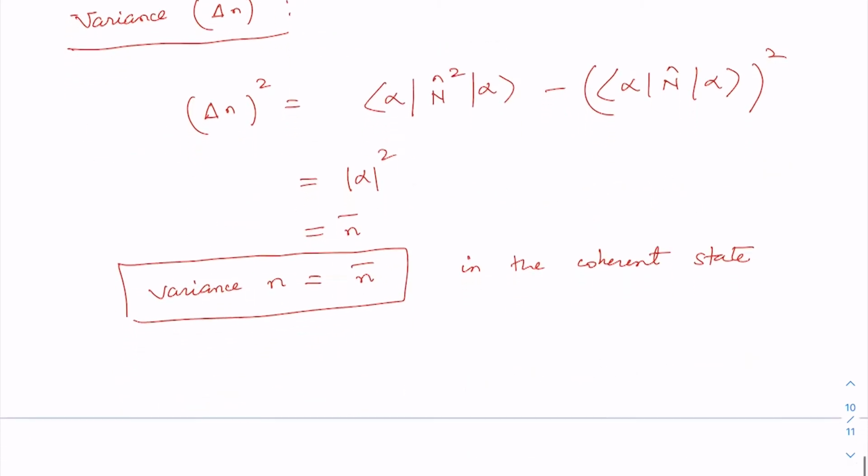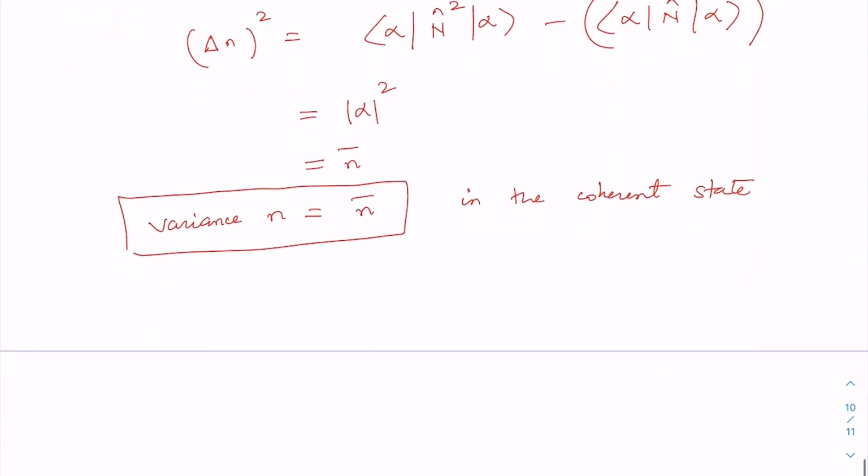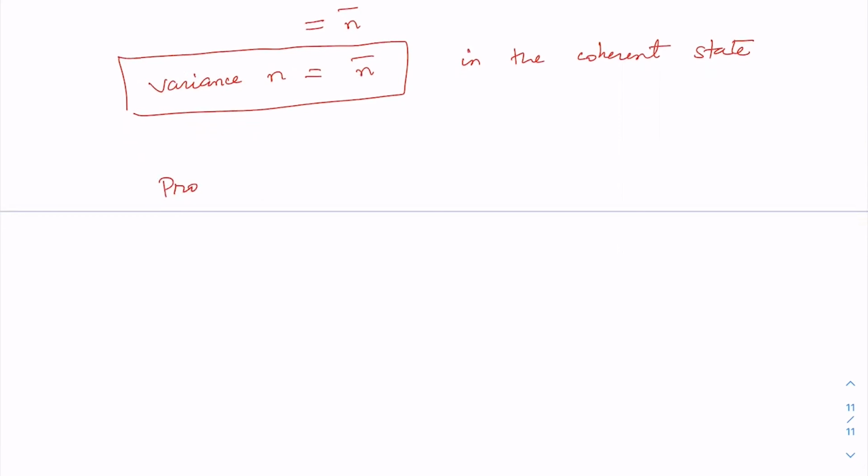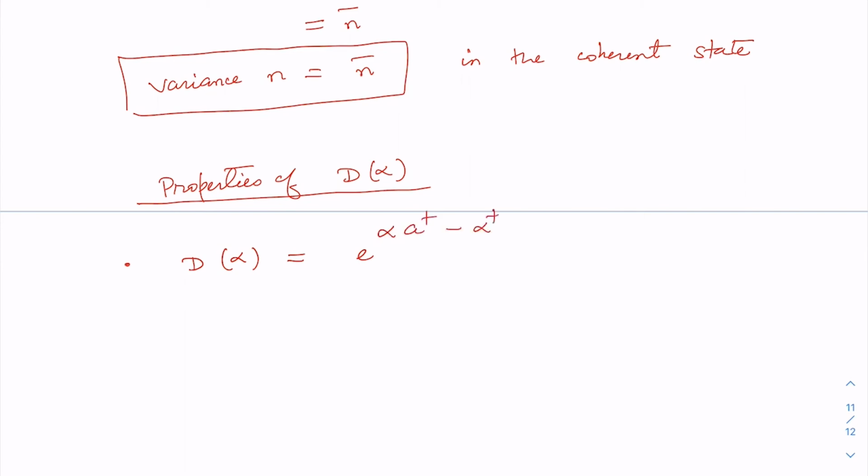Finally, let us look at some properties of the displacement operator D(alpha), which is going to be very useful later on in the course. Let me just list them out. Already you know that the displacement operator D(alpha), one of the expressions is of this type: e to the power alpha a dagger minus alpha star a.